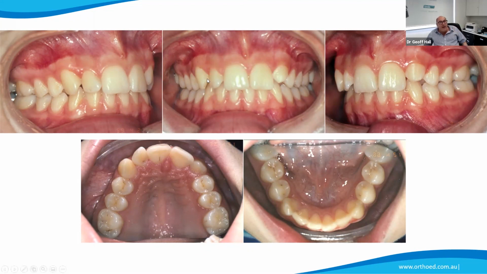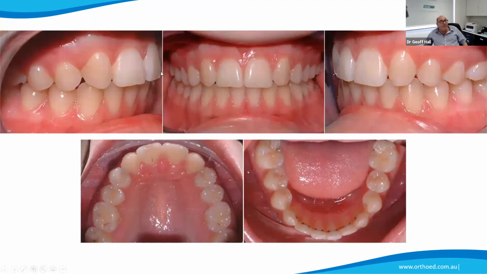So I took out the upper right lateral. And a lot of you people are going to go, you can't do that. Of course you can. You can do anything you want if you know what you're doing and you're abiding by correct principles. So I took out the upper right lateral. Now I've got symmetry in this case, and I believe I could extrude these teeth, get the gingival margins right, and do some very simple restorative dentistry on this patient.